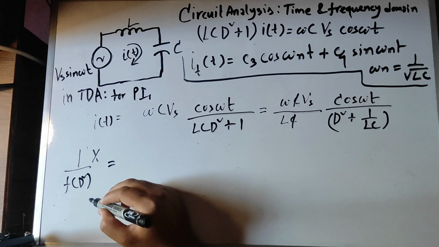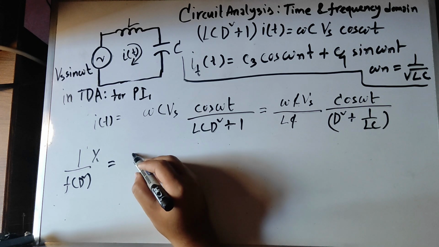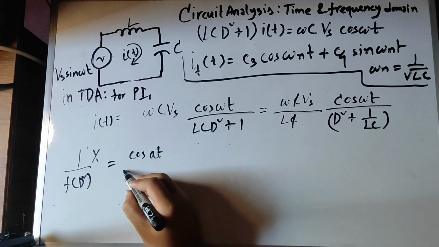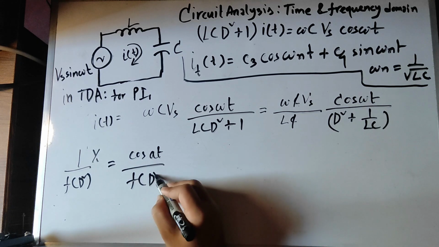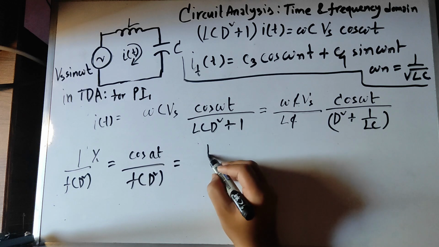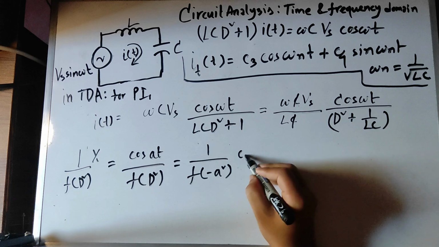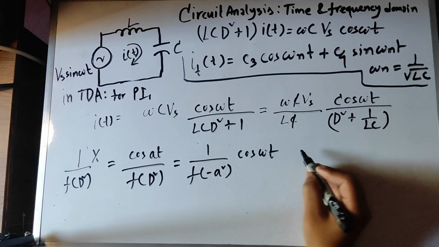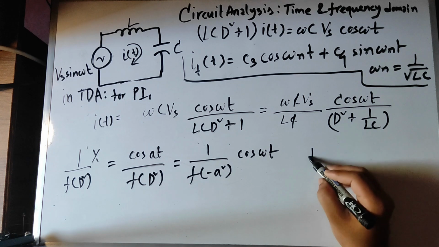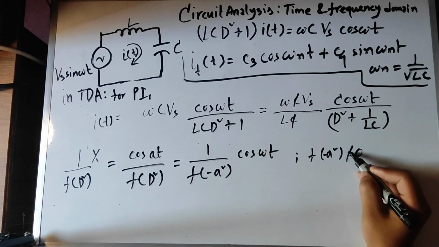The denominator has a D squared term in it. So if the function x is cos at, say, 1 by f(D squared), then it will become 1 by f(minus a squared) cos omega t, given that f(minus a squared) is not equal to 0.